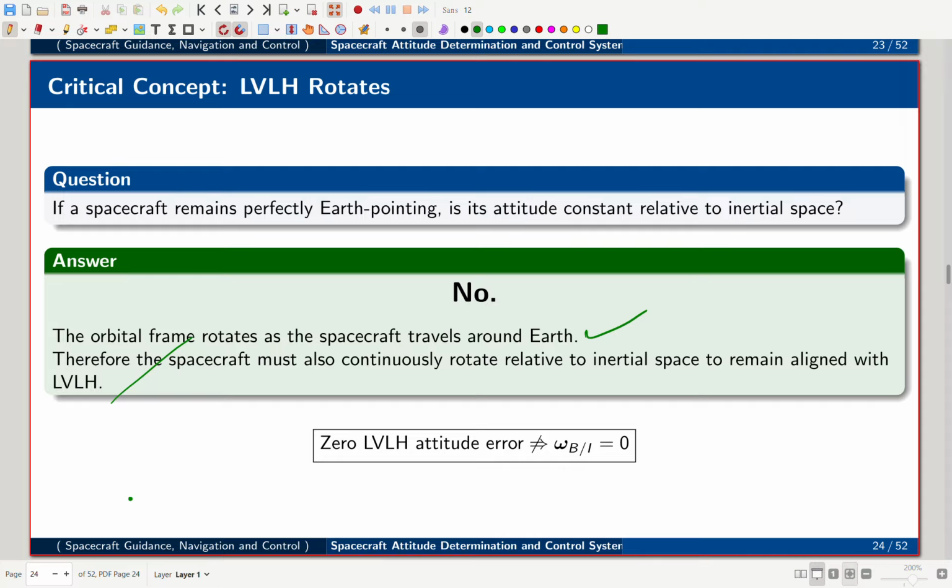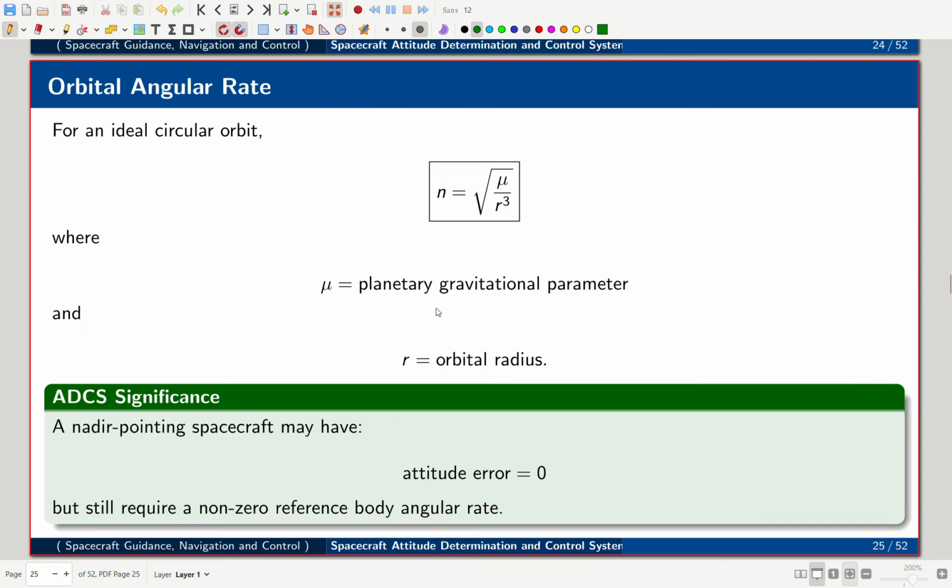So this is very important. Zero local vertical, local horizontal attitude error does not signify that the angular velocity in the inertial frame is zero.